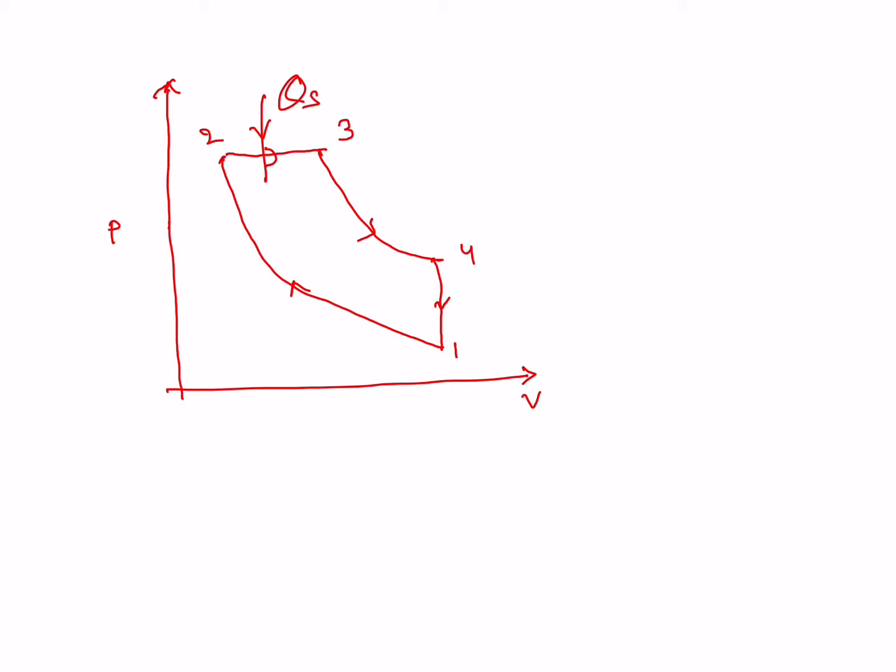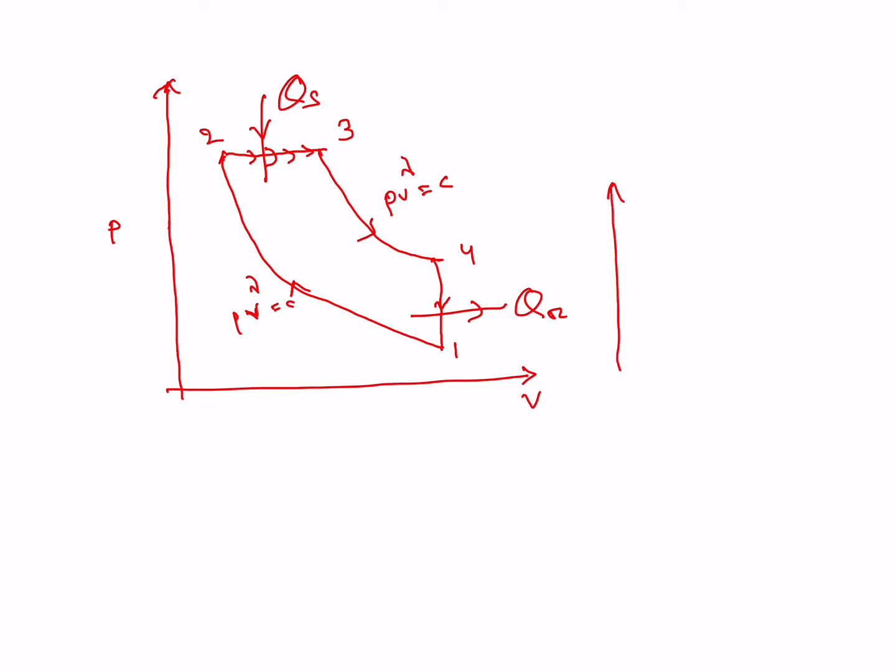Heat addition or Q supplied, Q rejected. In the diesel cycle, heat addition is a constant pressure process, 2 to 3. The compression and expansion are both isentropic processes, PV to the power gamma equal to constant. And the exhaust process is a constant volume process in the case of the diesel cycle.